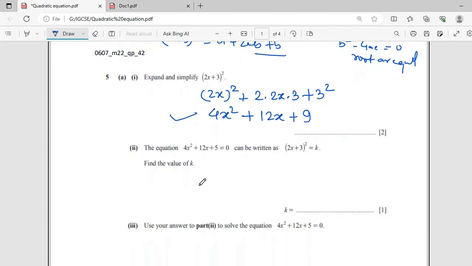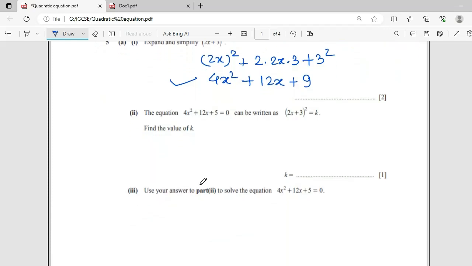Now if we go to question number 2, 4x square plus 12x plus 5 equals 0 can be written like this one. Find the value of k. So what will be the value of this? There are different ways we can solve it.